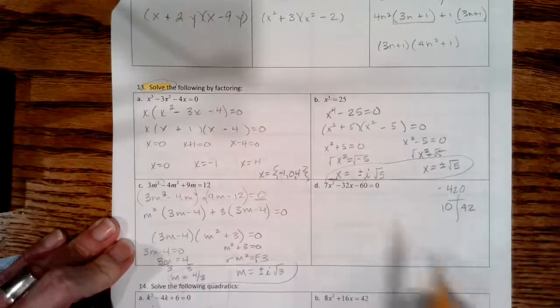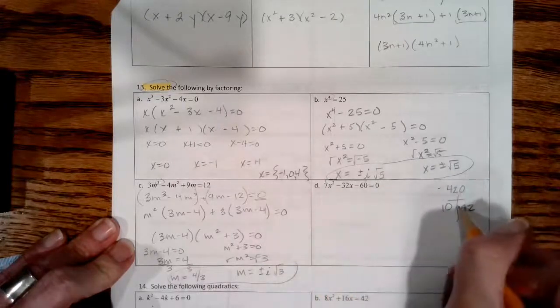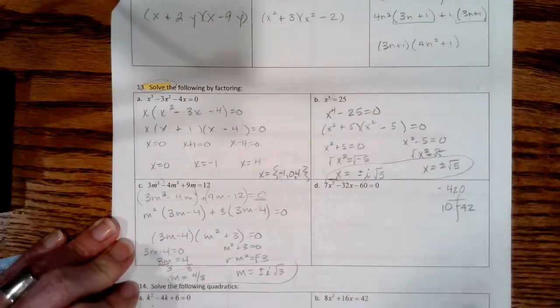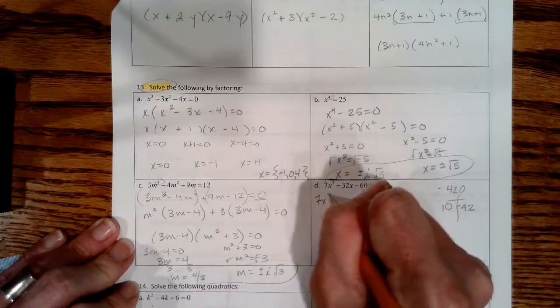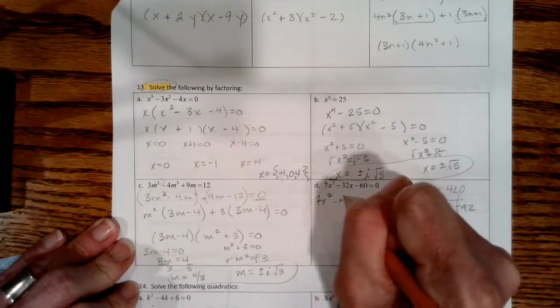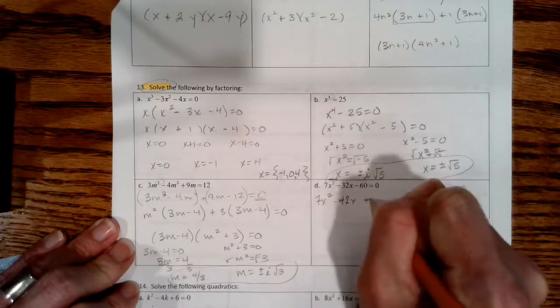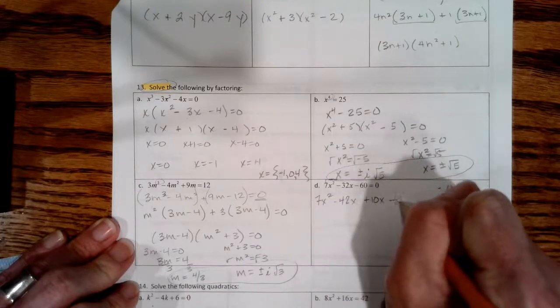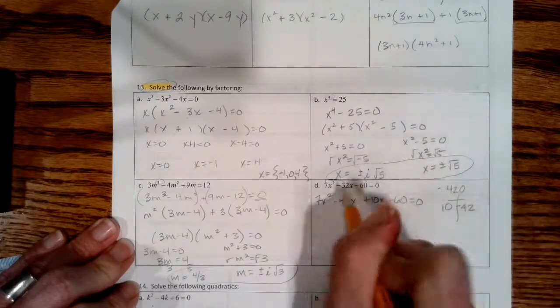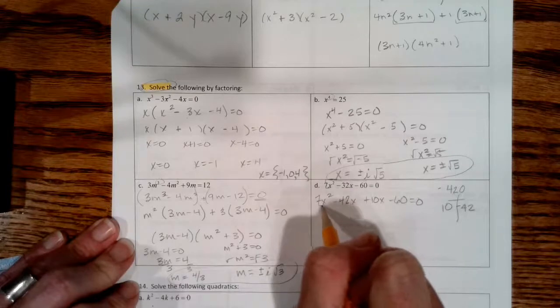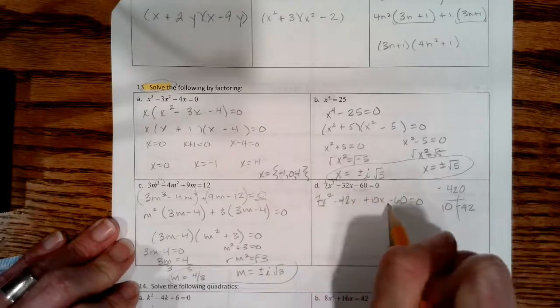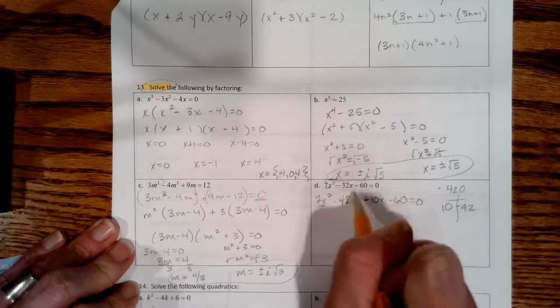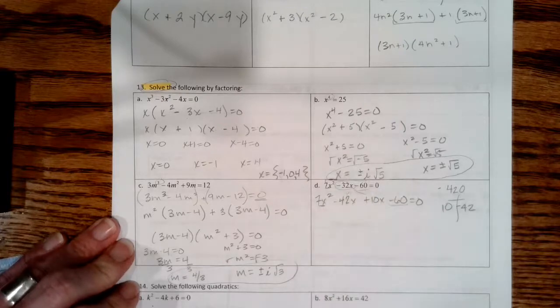I have more negatives, so this 42 is going to be my negative one. 7x squared minus 42x plus 10x minus 60 is equal to 0. Notice my first term and my last term don't change. This middle term is rewritten as those two.